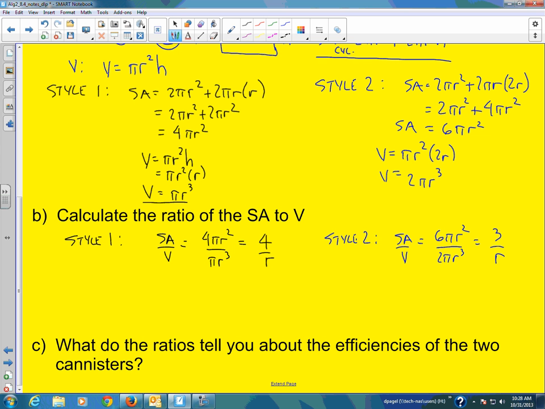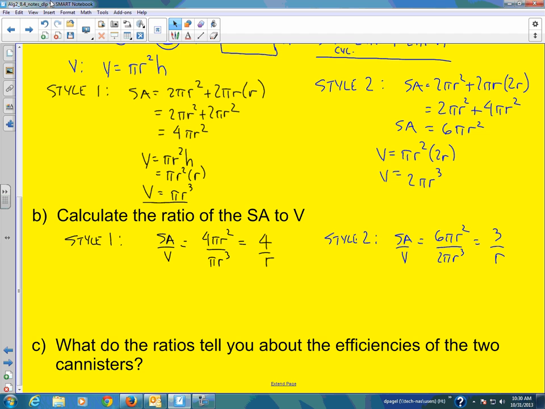All right, so those are our ratios of surface area to volume. From that, getting an idea of what happens here with our surface area to volume ratio, we can answer, hopefully, this last part. What do the ratios tell you about the efficiencies of the two canisters?